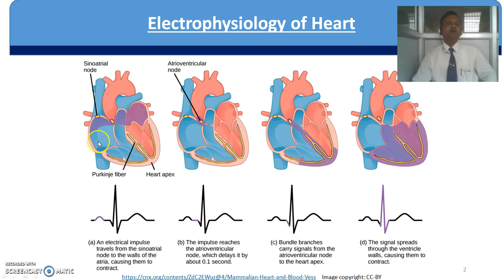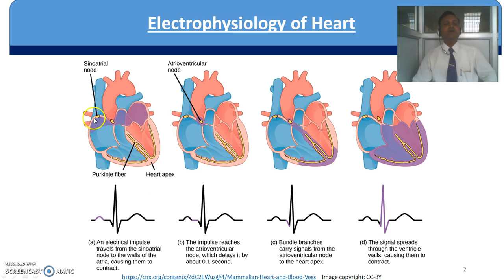In this section, we understand how impulses are generated in the heart, and how these excitatory impulses are carried across the heart wall, to which the heart muscles respond.